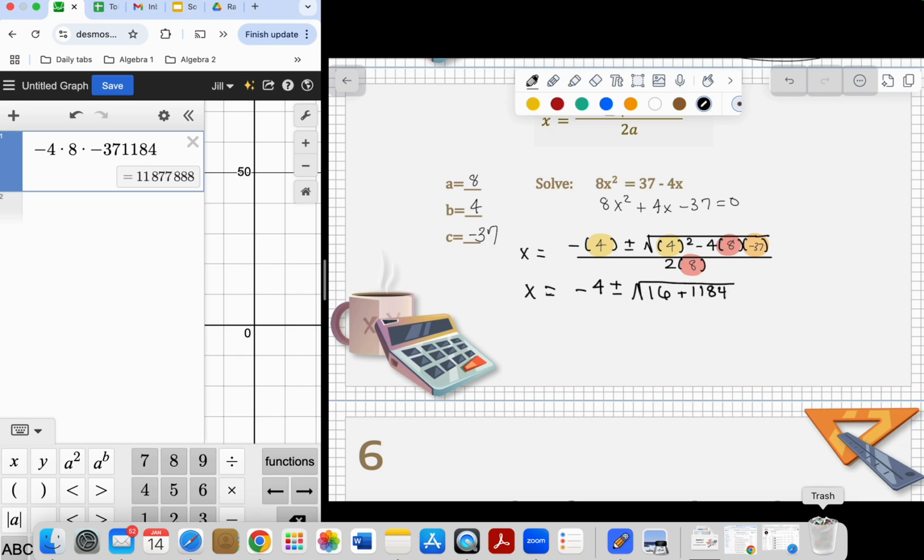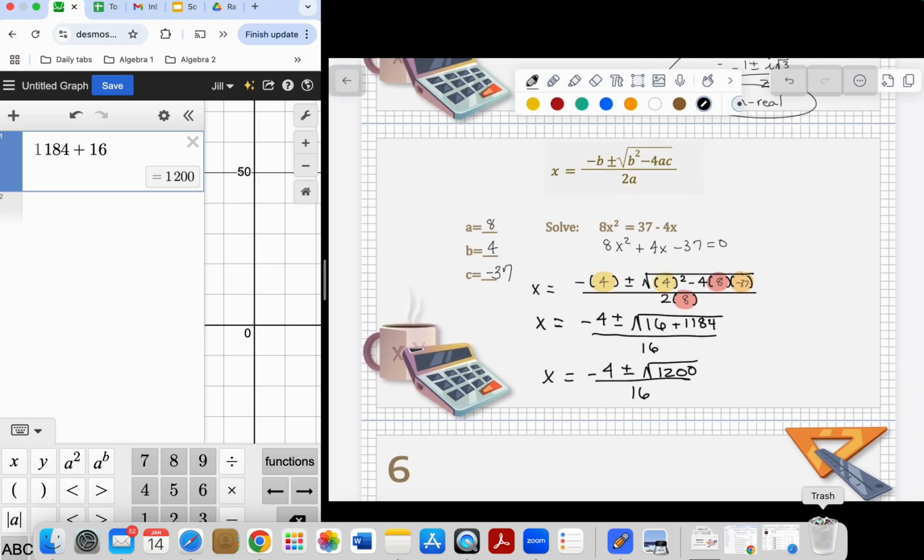And that's 1184. All of that is over 16. And then when I add 1184 plus 16, that becomes 1200. So I have negative 4 plus or minus the square root of 1200 all over 16.